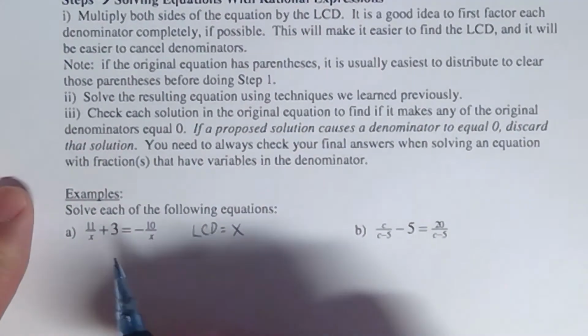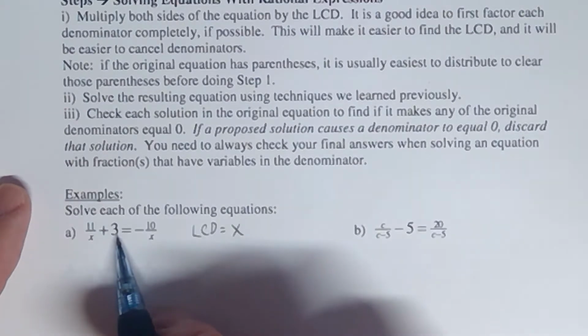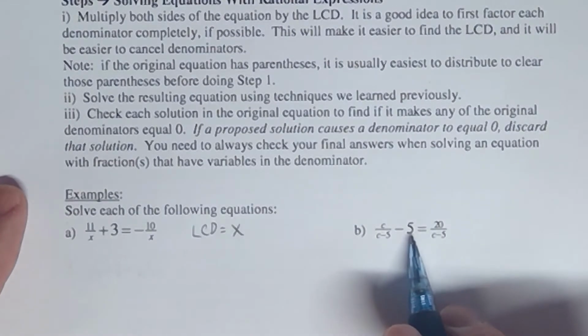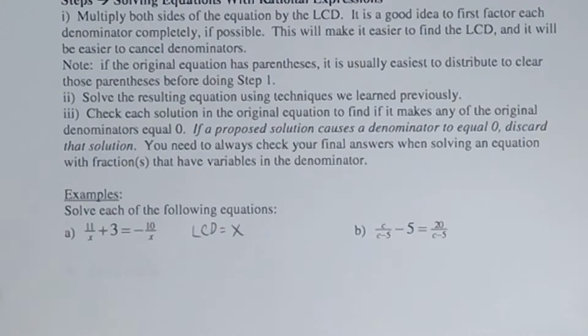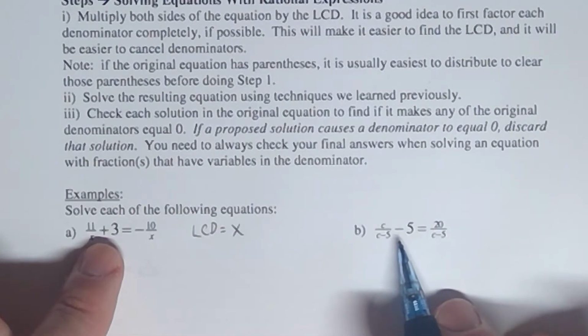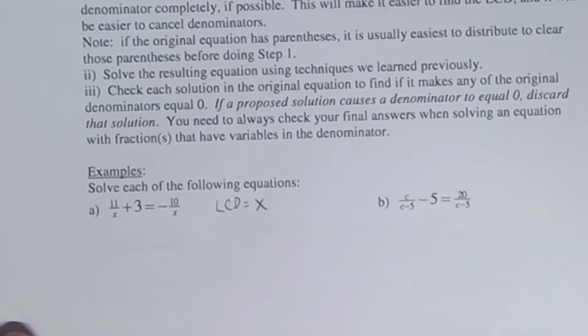Well, here's the thing, and you'll see this a lot. If you have a fraction being added to a regular term that's not a fraction, or in the case over here where you have a fraction being subtracted with a regular term that's not a fraction, in each of those cases where you've got a fraction and a regular term with a plus or minus in between, what you do is you multiply by both of those things.